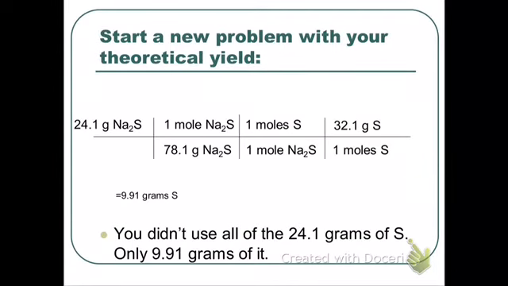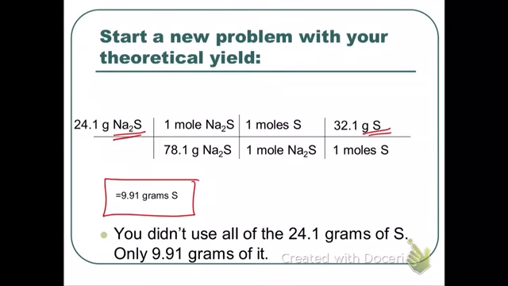As you can see, I just worked a problem starting with the sodium sulfide and ending with grams of sulfur. Now, this answer tells you the amount of sulfur that you needed to make this product. So we originally had 24.1 grams of sulfur available to us, but we only used 9.91 grams of it.